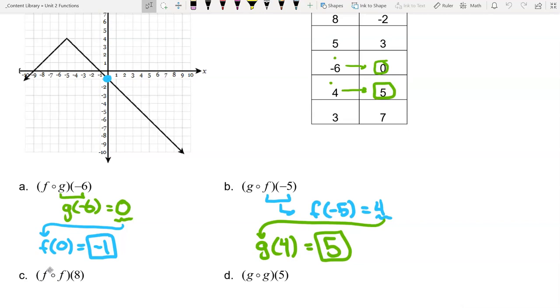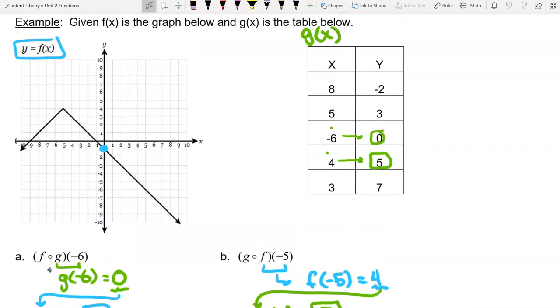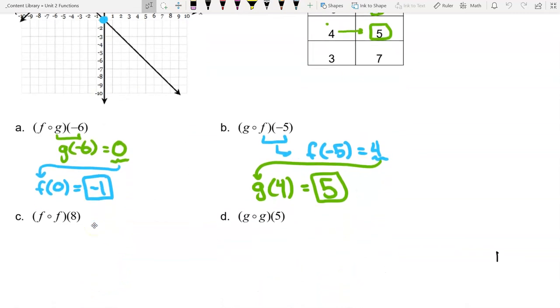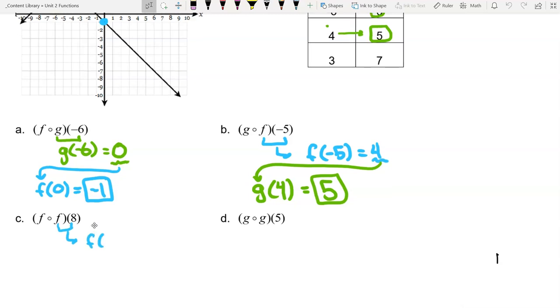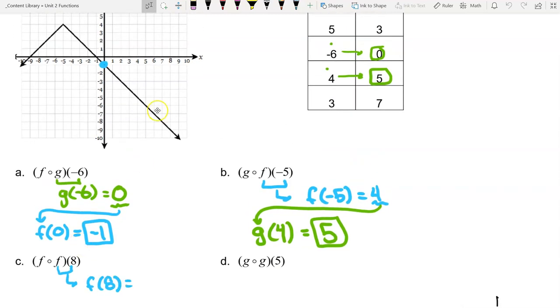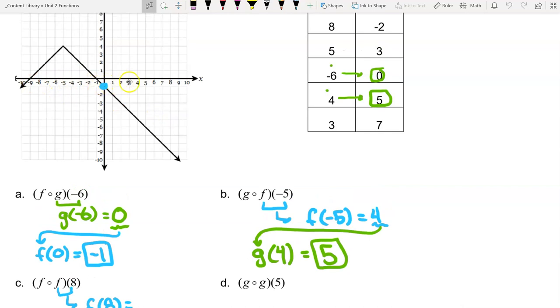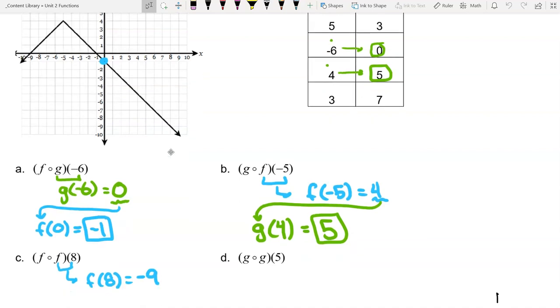So f of 8, f is the graph, so we're going to be using the graph both times. We're going to start here. F of 8 equals, showing you one more time how to use the graph. 8's the x, so I'm going to go here, find 8, here it is, go down and see where my line is at. It's right there, which is at -9. Underline.